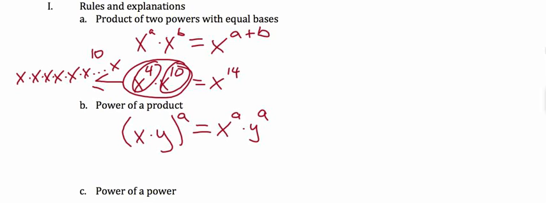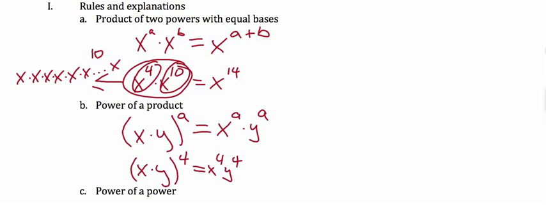Meaning you are allowed to distribute an exponent over multiplication. You are not allowed to distribute an exponent over addition. Okay, so again, here's a simple example. We just got to use x and y for right now. Got to wait for that next rule first. X times y to the fourth is equal to x to the fourth, y to the fourth.